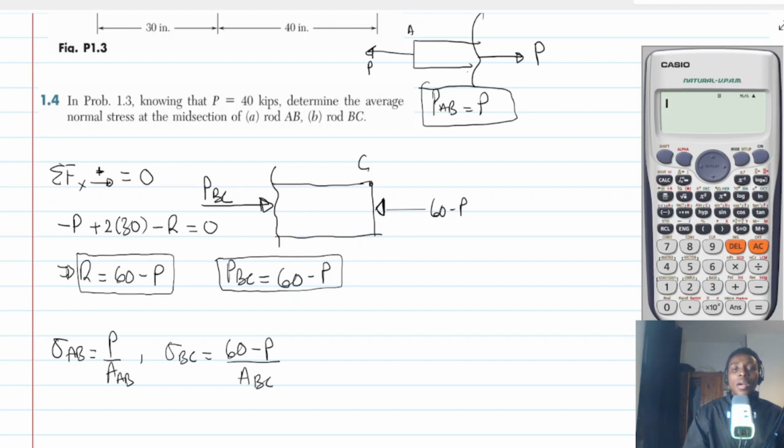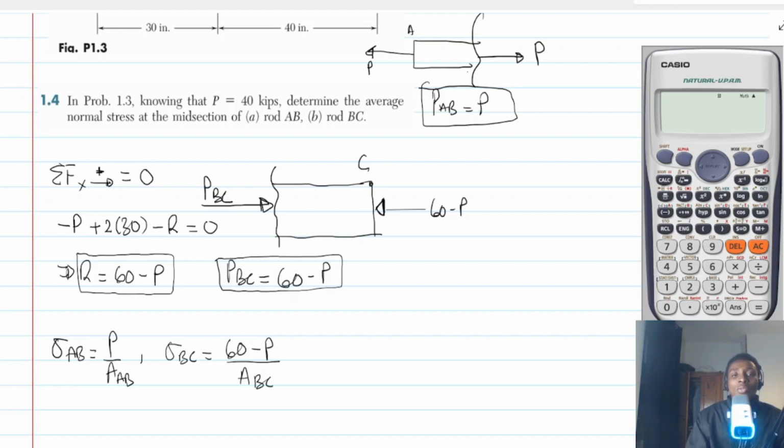Now, he said in terms of magnitude, so we are not going to include the negative sign. Compressive stress is actually negated, but the question said the magnitude, so we don't need to bother about negating it. So, under what circumstance will this stress be equal to this stress? That is all we are trying to say.